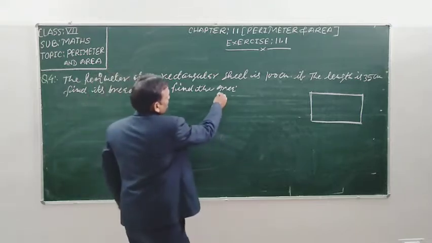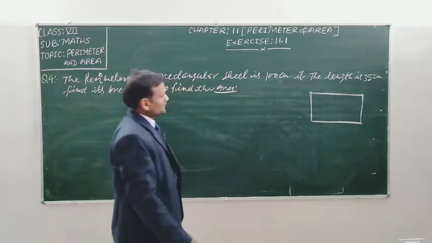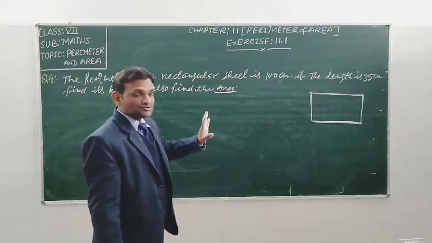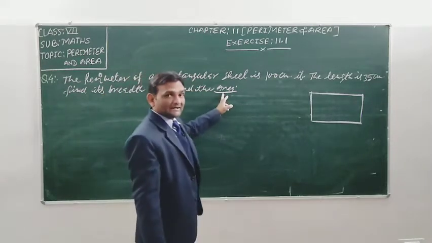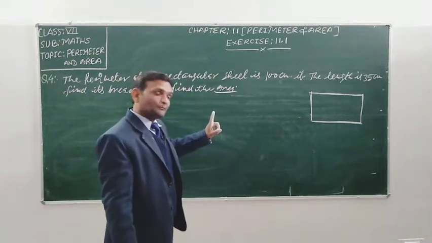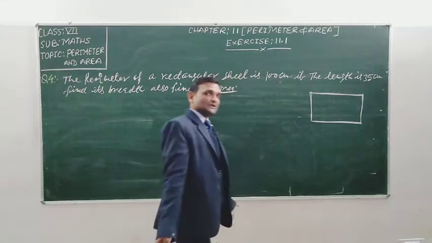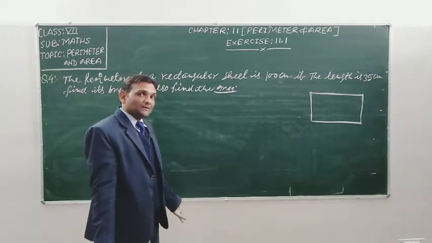So student, for finding the area, because my sheet is in the shape of a rectangle, the area of the rectangle is length into breadth. Length is given and breadth is absent. So how can we find out the area?